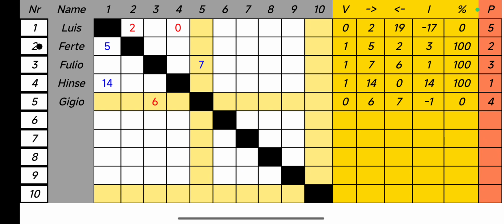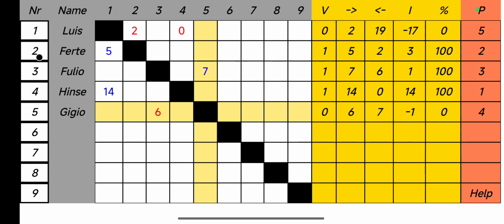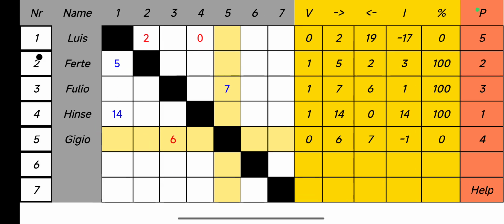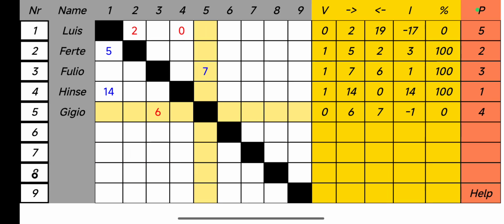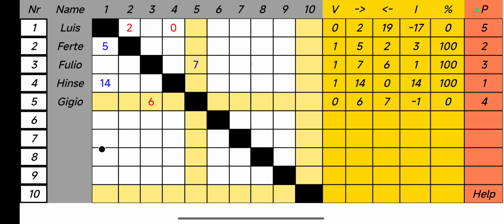If you press any number for a long time, then you reduce the number of participants down to 5 minimum, and if you press on the lowest part of the numbers, then you can increase the number of participants. It's not limited, but then the size will be too small to work.